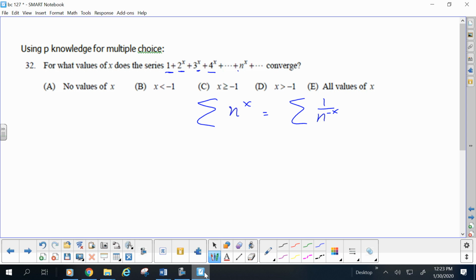What makes it converge? If the exponent you see now, which is negative x, is greater than 1, that implies x is less than negative 1. The answer is B. Did you get it? Yes. Okay, so make it like a p-series.